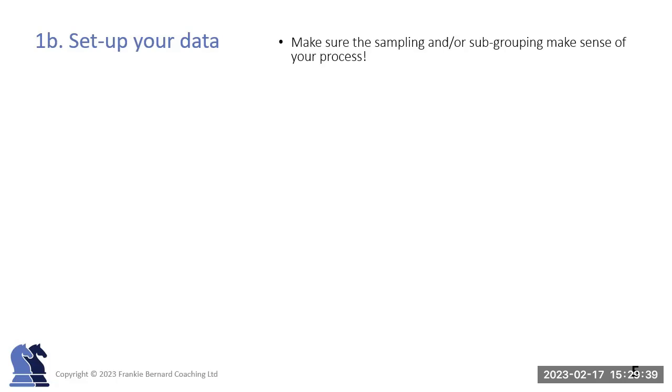As with continuous data, and probably even more so in the world of discrete, you need to be really clear about the sampling and the subgrouping, or segmentation if you prefer to use that word, relevant for your process. Okay, Minitab will not be able to detect that for you. You need to have had the reflection with the team or the process owner as to what's relevant based on how the control chart will be used.